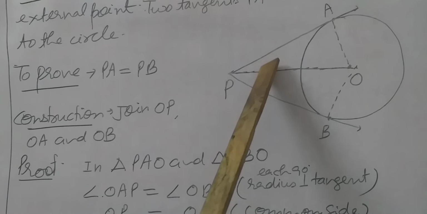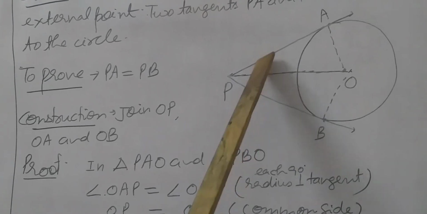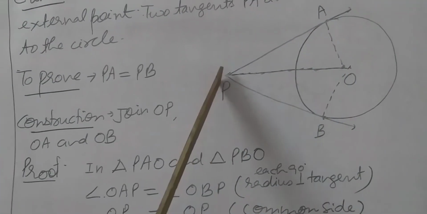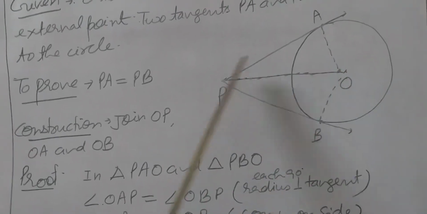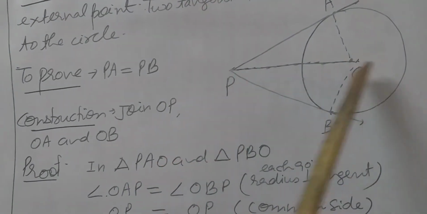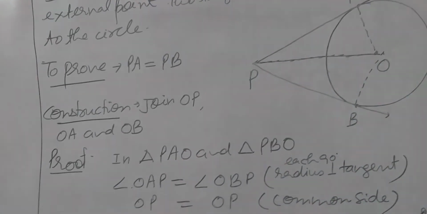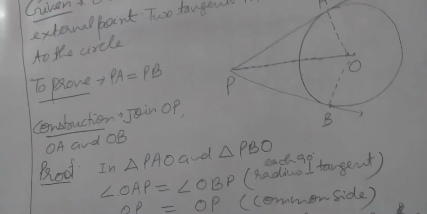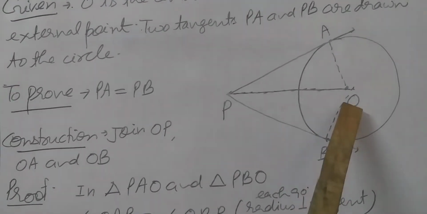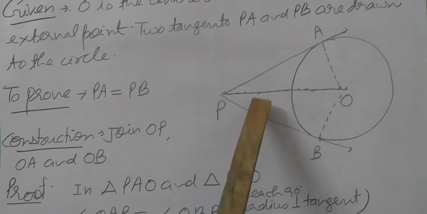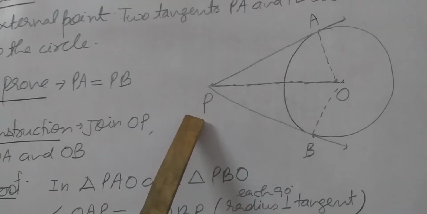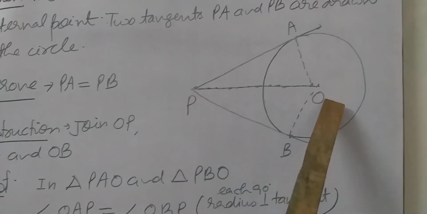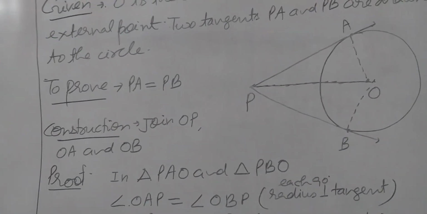We can also write angle 1 equals angle 2, and angle AOP equals angle BOP, and angle APO equals angle BPO by CPCT, corresponding parts of congruent triangles. So we can easily prove that OP is the angle bisector. So remember, the line joining the intersection point of the tangents to the center is the angle bisector.